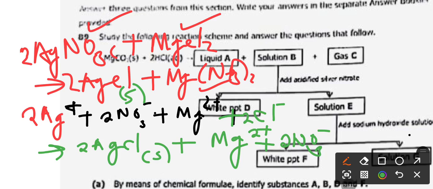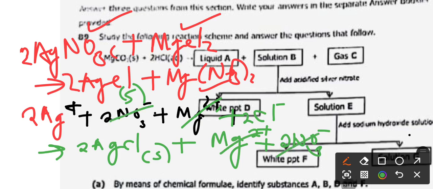will cancel out. Remember, the spectator ions are those ions that are present on both sides of the equation. So if we can observe, magnesium is a spectator ion as well as the nitrate.